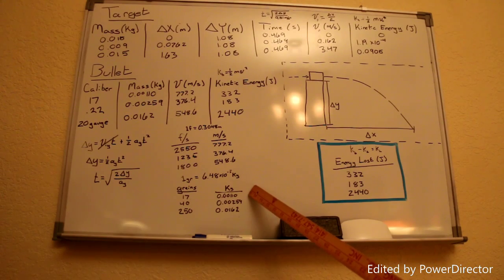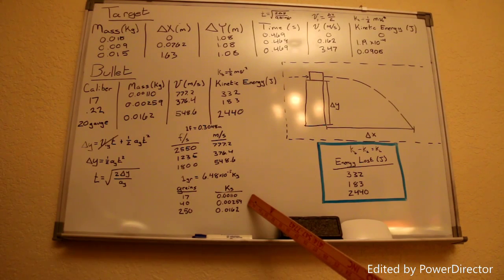Now 17 grains is equal to 0.00110 kilograms. 40 grains is equal to 0.00259 kilograms, and 250 grains is equal to 0.0162 kilograms.